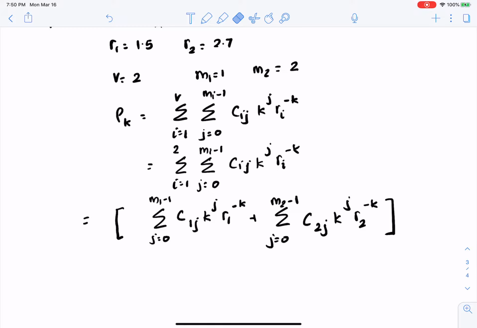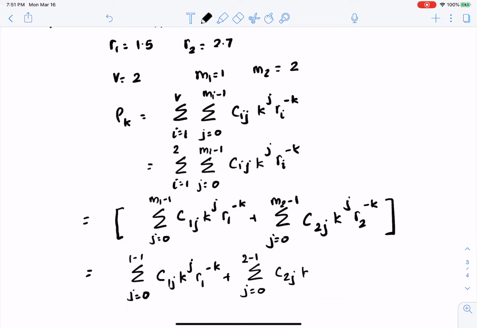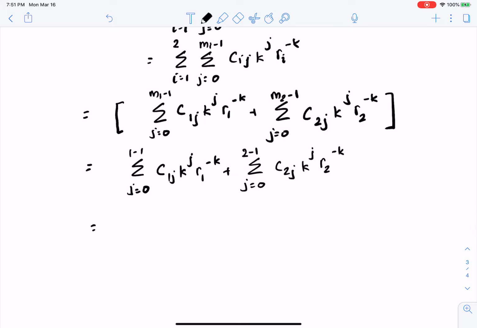We have the values of m1 and m2 in the problem, so this would become sum j equals 0 to 1 minus 1, C_1j, k raised j, R1 raised negative k. Over here, sum j equals 0 to 2 minus 1, C_2j, k raised j, R2 raised negative k. So j would go from 0 to 0, which would mean j is 0, so we'll have C_10, k raised 0, R1 raised negative k.